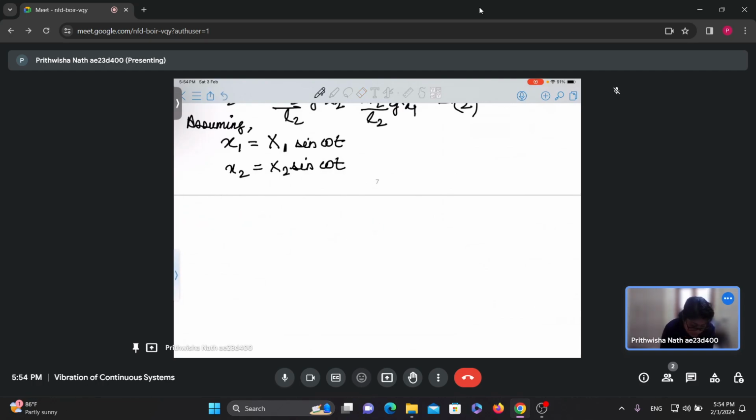So first what we get, what is x1 double dot from this equation? First we need to find x1 double dot.